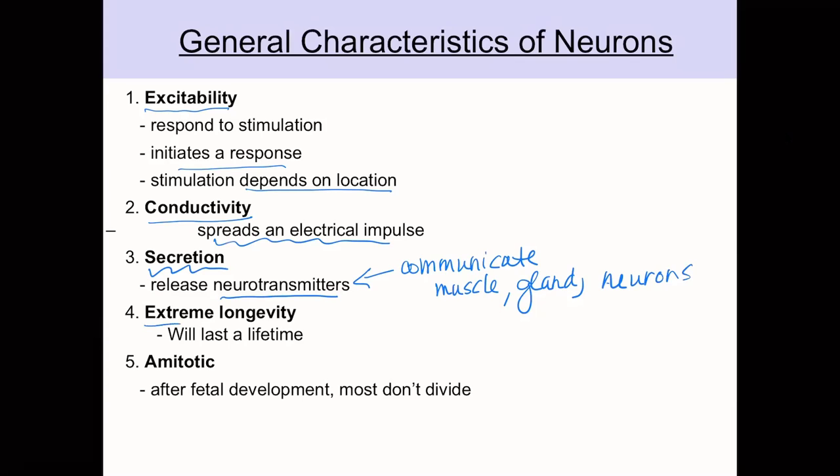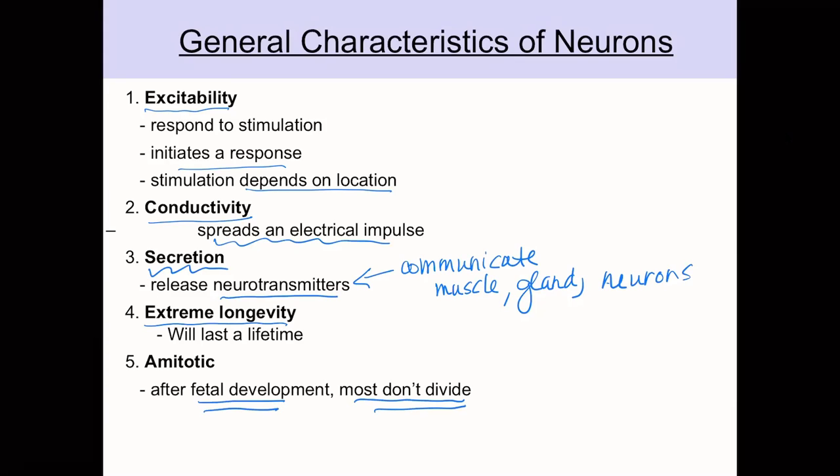They last a really long time. So they last your lifetime unless you've had some sort of significant damage. There's lots of research, like if you could fix a spinal cord or fix nerve damage, it would be totally amazing. It would change somebody's life. Most of the time, they don't divide after fetal development, they're amitotic.